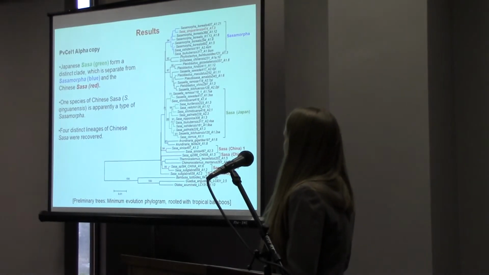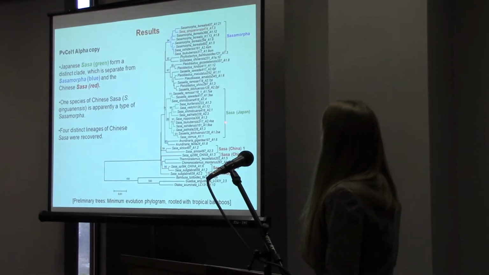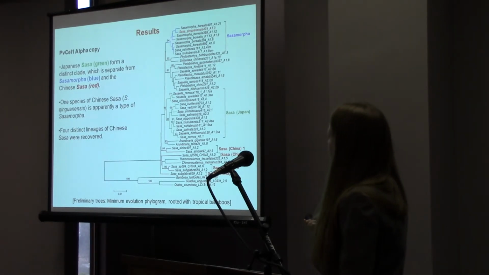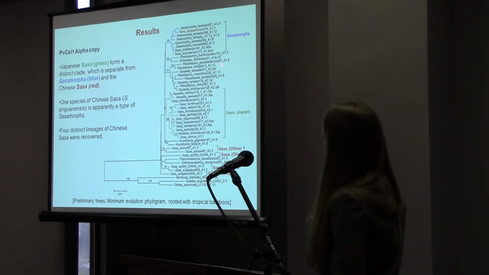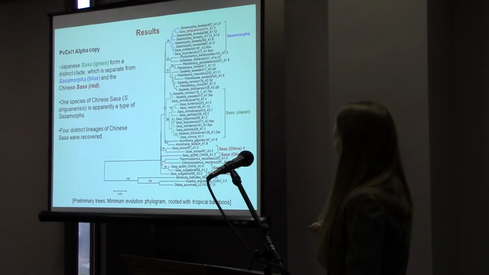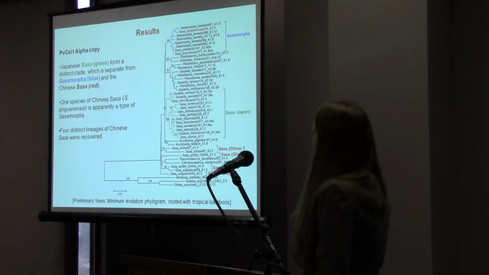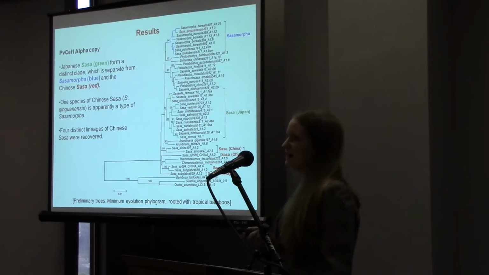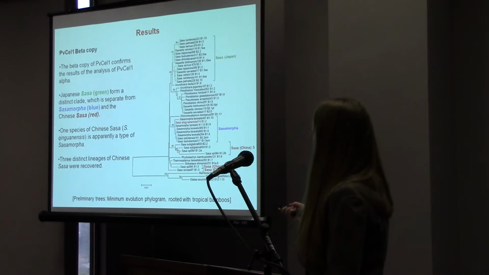We saw that the Sasas from Japan created a single clade, the Sasamorphas created a single clade, and the Sasas from China fell in multiple different clades. We also noticed that Sasa chuanensis fell in the Sasamorpha clade, indicating that Sasa chuanensis is actually a Sasamorpha.